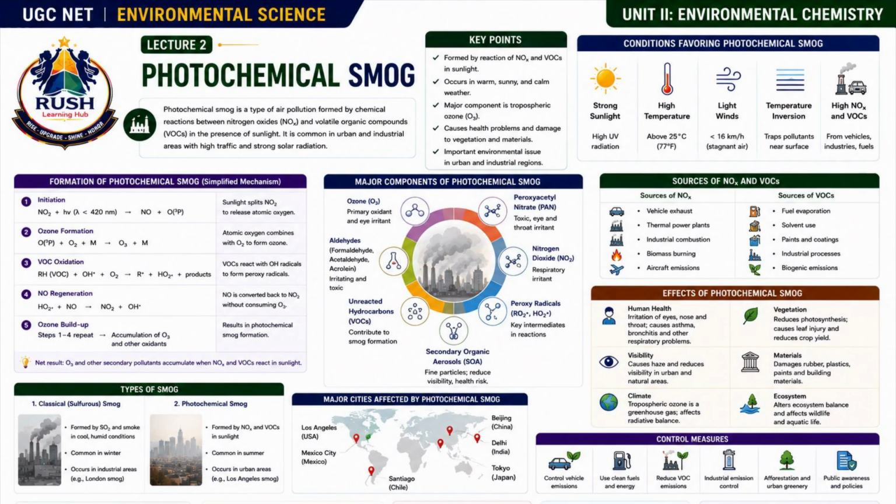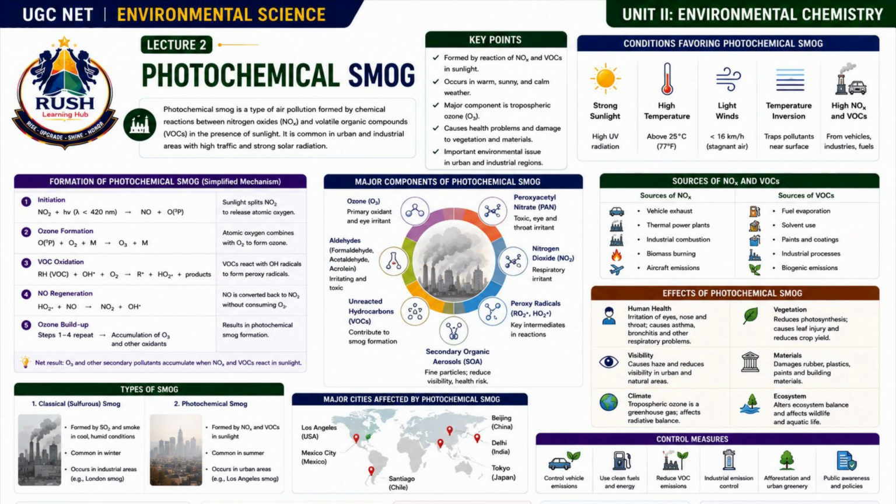Increasing public transportation use and reducing fossil fuel dependence also help decrease precursor emissions. Urban greening and afforestation can contribute to improved air quality. Environmental monitoring programs are essential for identifying high-risk pollution periods and implementing control measures.